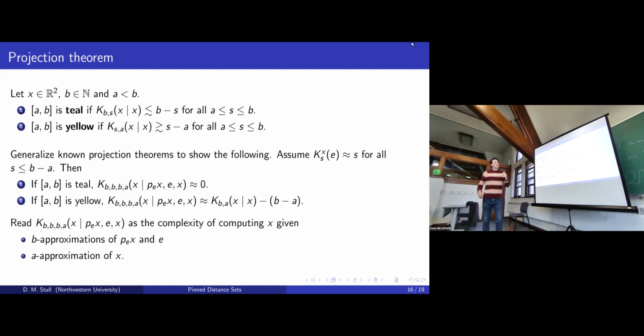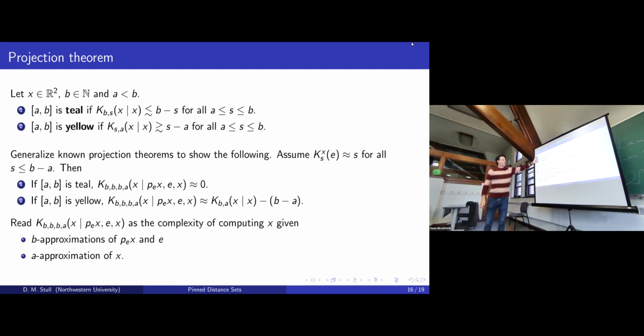We say that an interval is yellow if you draw the line of slope 1 emanating from the complexity of X at precision A, and the graph is entirely above this line.